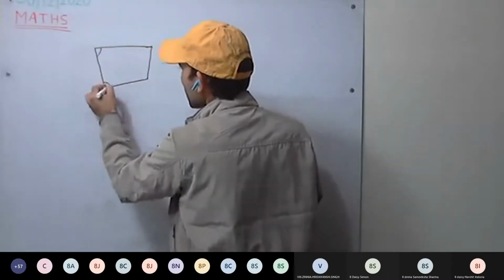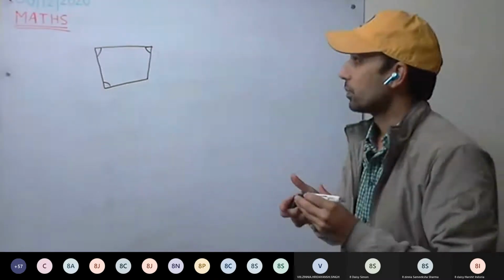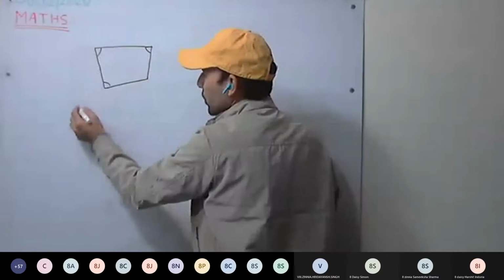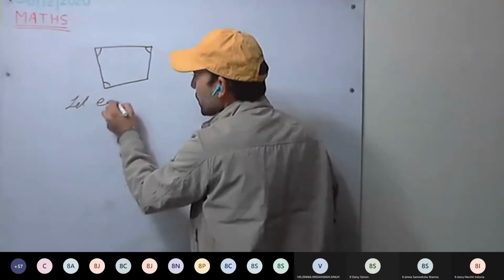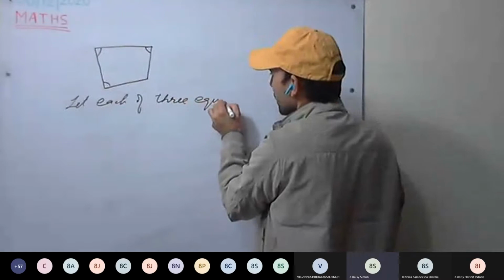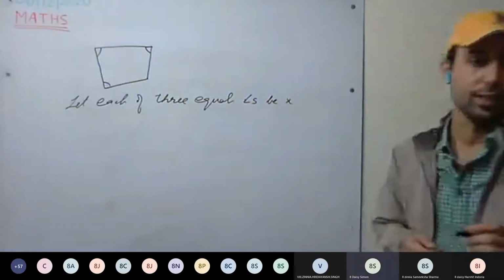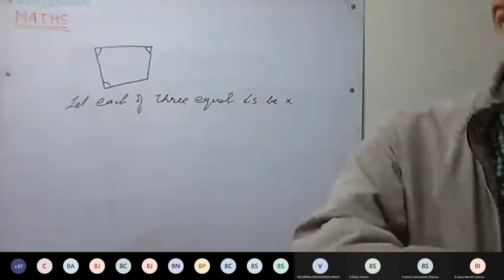So these three angles we can take as equal. Let each of the three equal angles be x.